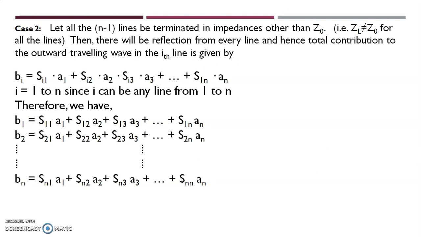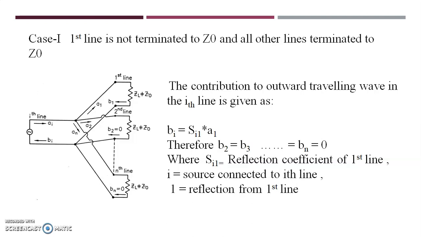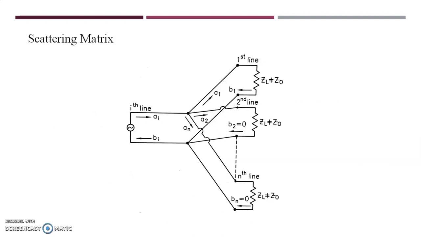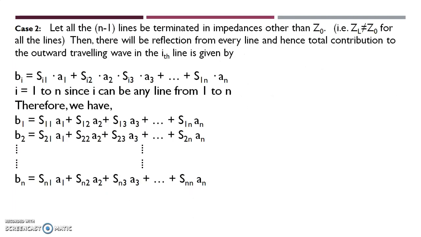Now let us take the example of case 2, where all the n-1 lines are terminated in impedance other than Z0. It means that from every line there will be some reflected power, and the standing wave pattern will be generated. Now if you take the example where all the lines are not connected to Z0, and the source is connected to the ith line, then Bi is given by Si1 into A1, where i means the source is connected to the ith line.